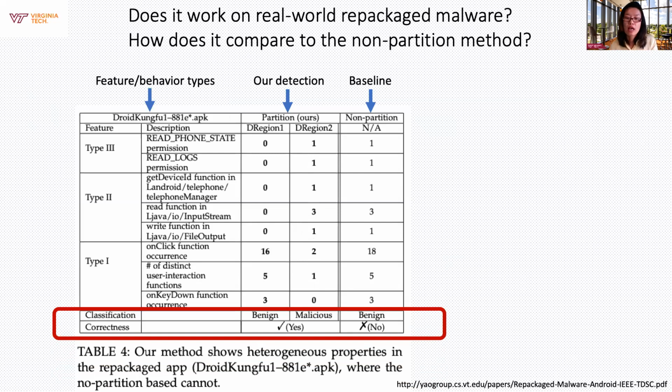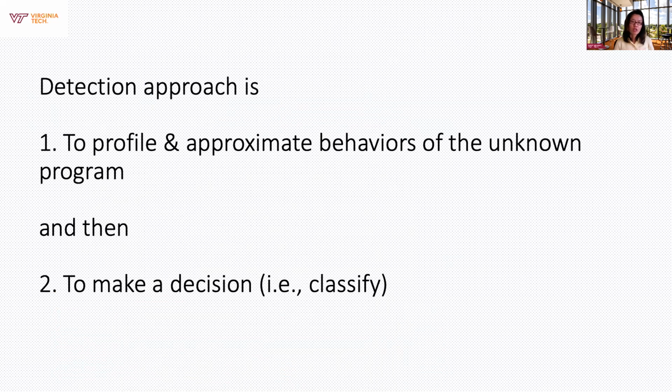If you analyze everything together, then you won't be able to tell. So this is one work, and we have also done a lot of other similar app detection works, and they all follow a similar type of workflow.